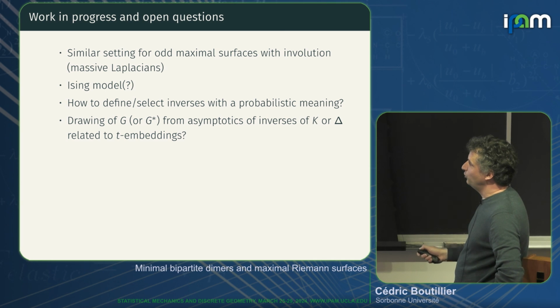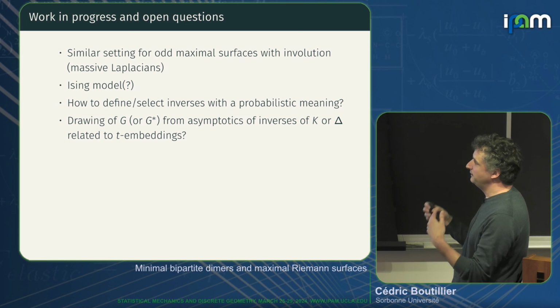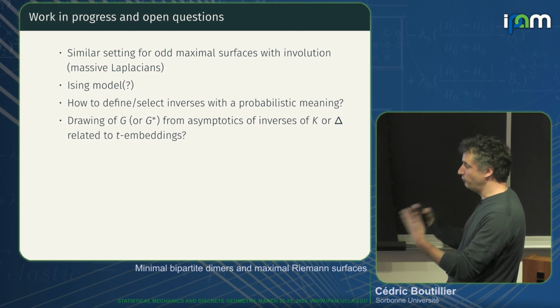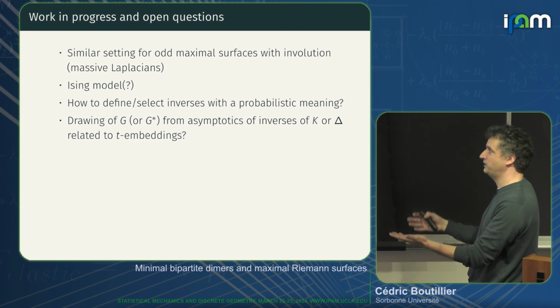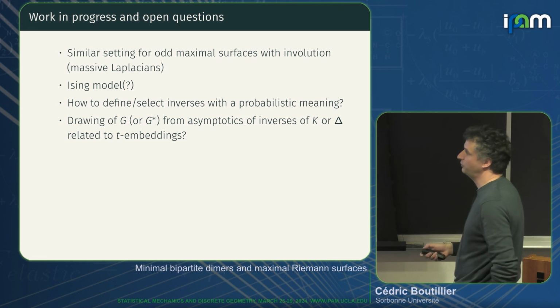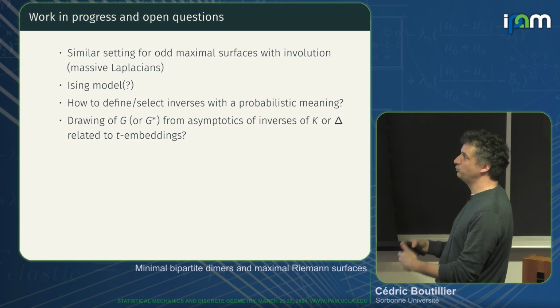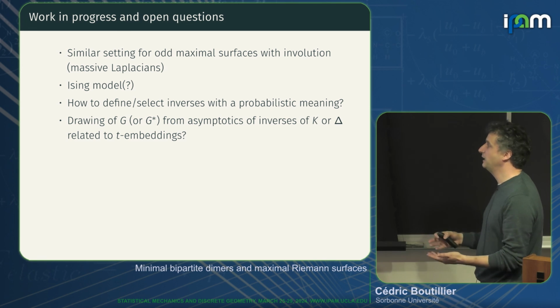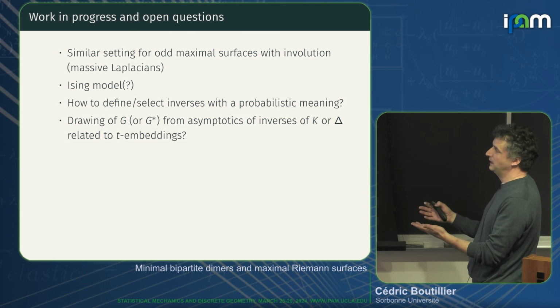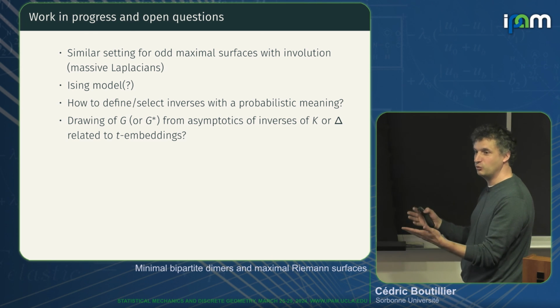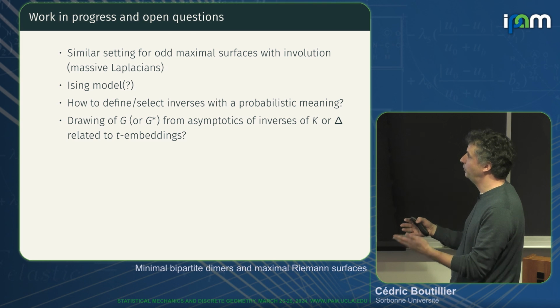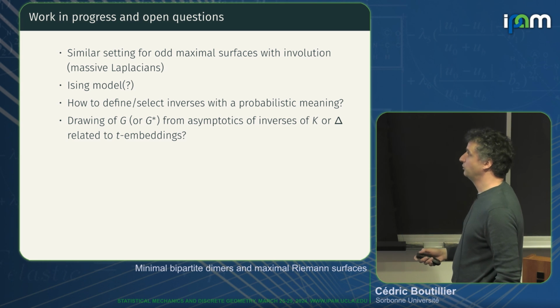In fact, what we are able to say is that we can provide families of inverses for these infinite operators, but there are many ways to produce formal inverses, and we don't know how to select the ones that have a good probabilistic meaning.